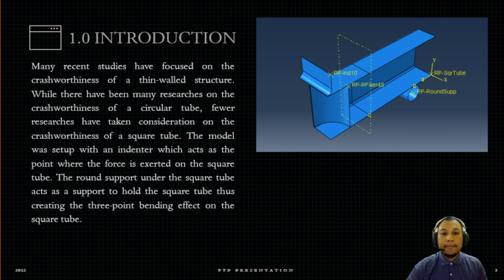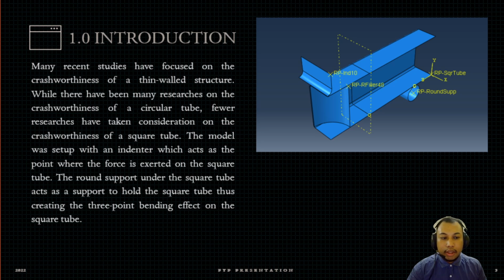Many recent studies have focused on the crashworthiness of thin wall structure, mainly focusing on circular tube, while fewer researchers have taken consideration on the crashworthiness of square tube. Therefore, here I have set up a model of square tube.